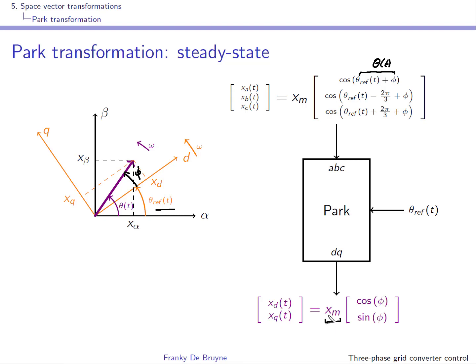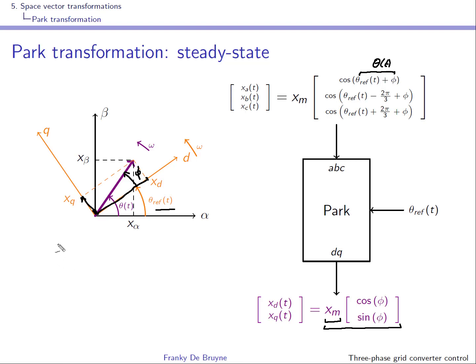This is because we had used this Clarke transform to go from the ABC framework to the alpha beta framework, and you see that the d component is this distance over here, which is xm cos phi, and the q component is xm sine phi. This is indeed what you see over here.